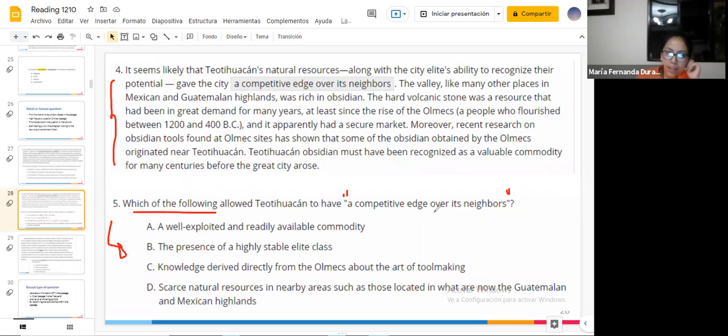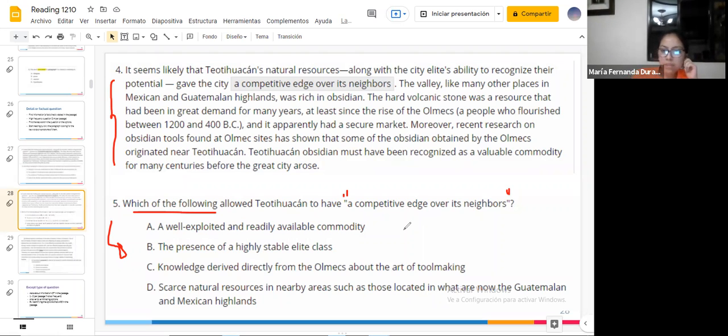It seems likely that Teotihuacan's natural resources, along with the city's ability to recognize their potential, gave the city a competitive edge over its neighbors. The valley, like many other places in the Mexican and Guatemalan highlands, was rich in obsidian.